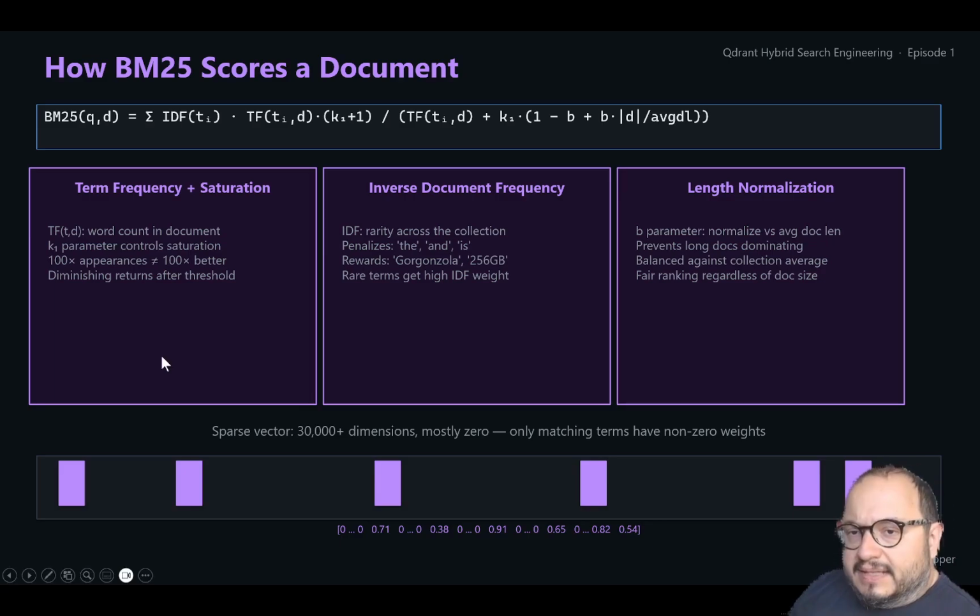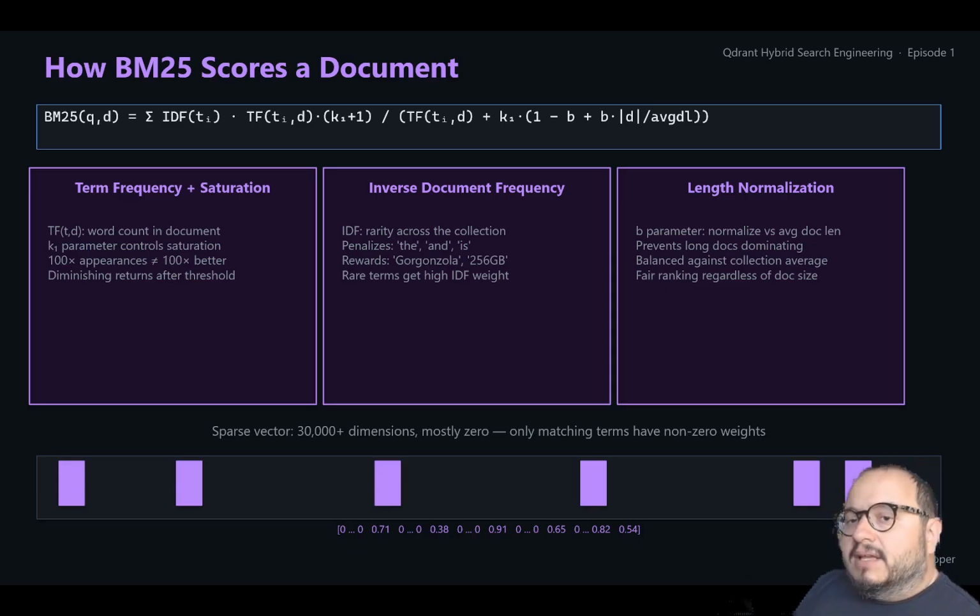Third, document length normalization. Longer documents have more words, so they have more chances to contain any given term. BM25 normalizes the score against the average document length in the collection, controlled by the b parameter. This prevents long documents from outranking short, highly relevant documents just by virtue of their length.